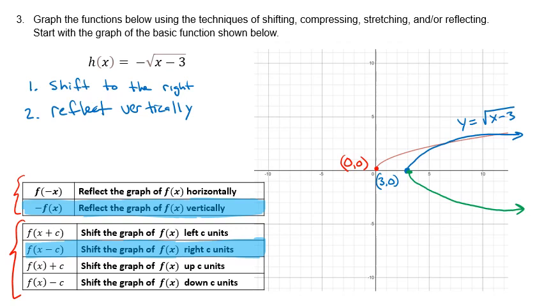So that green one is h of x equals negative square root x minus 3. And I'm going to erase the blue one because that's not part of the answer. That's our scrap work. And our final answer is that green one. The red graph was shifted to the right and then reflected top to bottom.